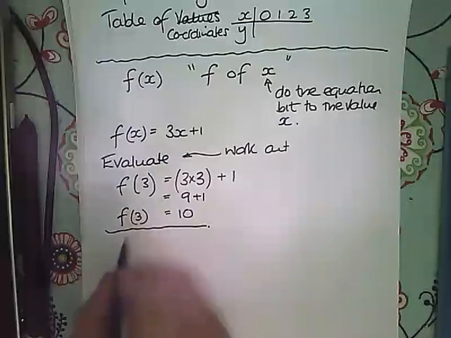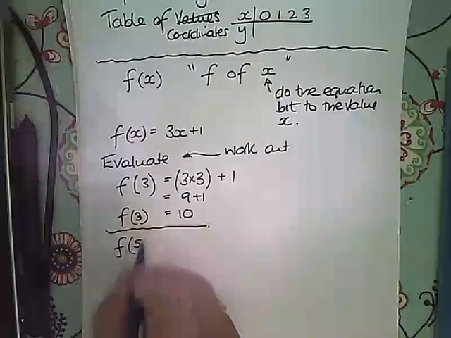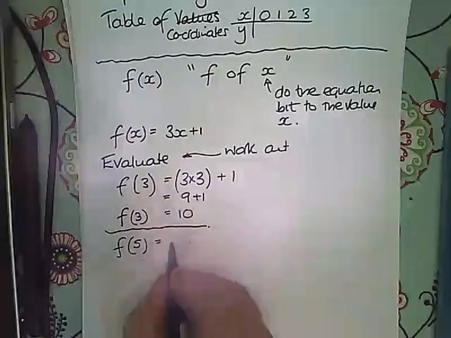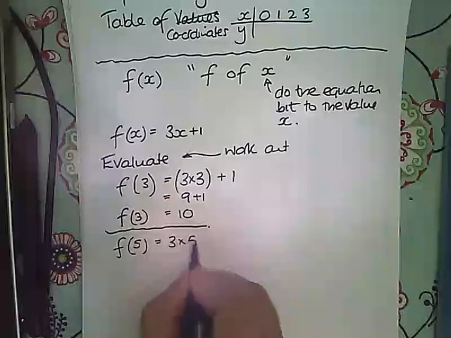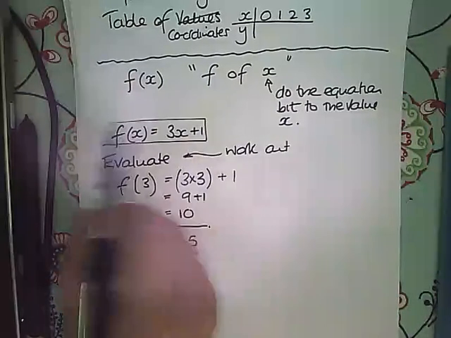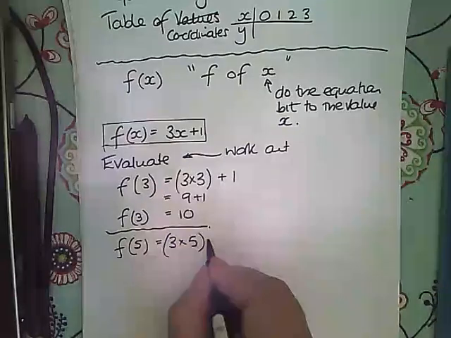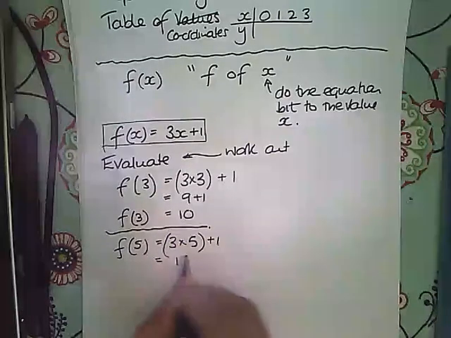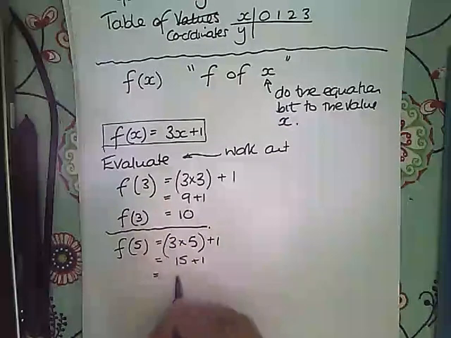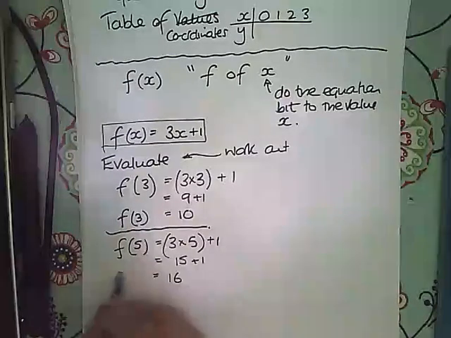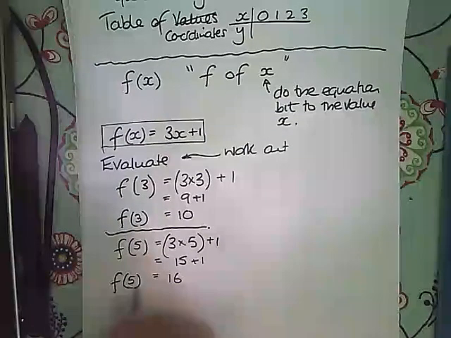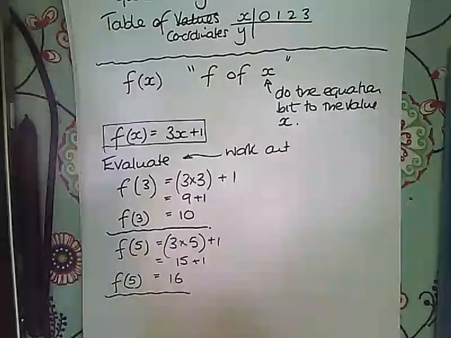So I could do f of 5, which would be 3 times 5, then add 1, so that's 15 plus 1, which equals 16. So f of 5 is equal to 16.